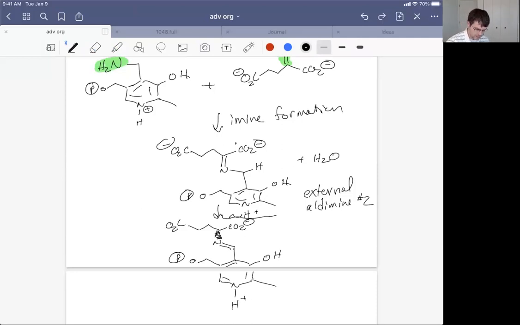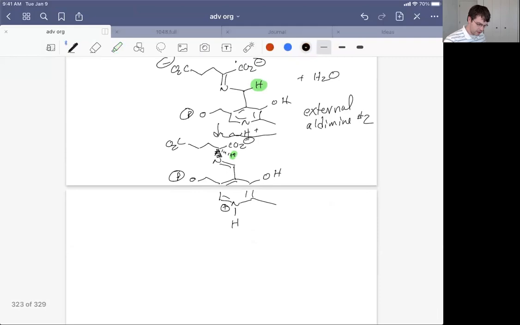All right. So we did that hydrogen transfer with more curly arrows last time. Here I'm just letting the hydrogen transfer from one position to another. And so that was this hydrogen now going to the alpha position. Okay. Now at this point, we have a rearranged external aldimine.